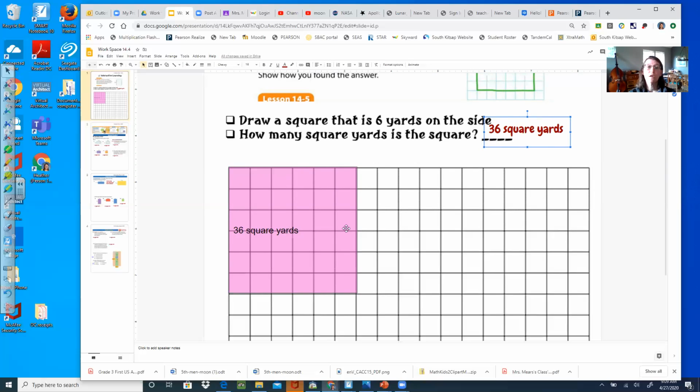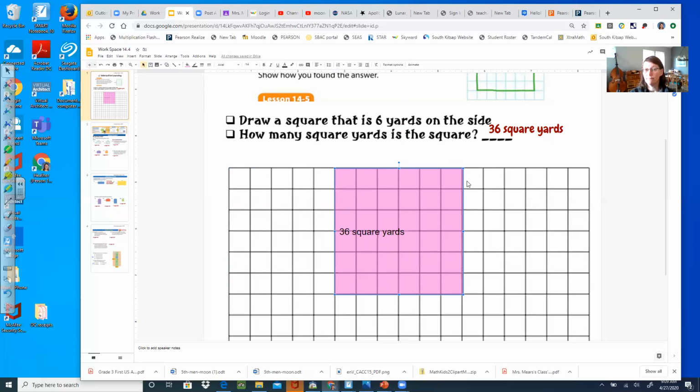So does your square have to be right here? No, it could be anywhere on this shape. You do need to make sure that it lines up very nicely on the edges.